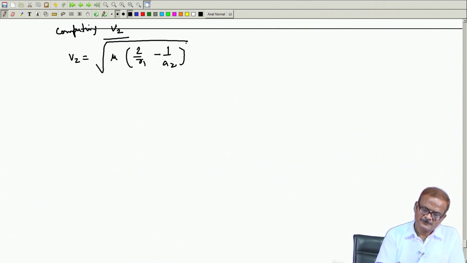Computing V 2. So, V 2 is this quantity, and then insert the values: mu by R 1 times 2 minus R 1 by A 2, under root.